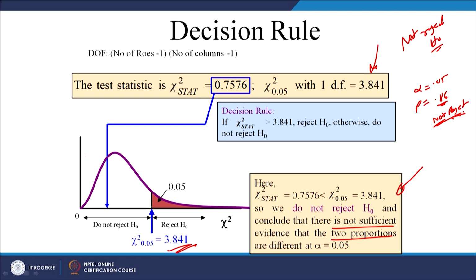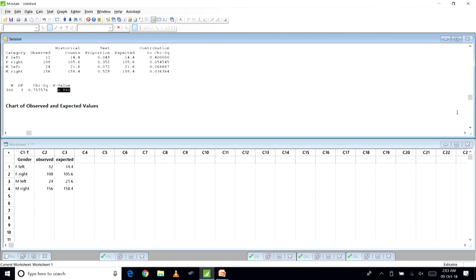Now, let us look at chi-square statistic, which we have calculated, and the value is 0.7575, right. In fact, when we solved the previous question, we were not getting chi-square because we made some error while entering data, right. But this is the way in which you should enter data. So, this is how you can calculate the two proportions, and you can find out whether there is a significant difference or not, right.